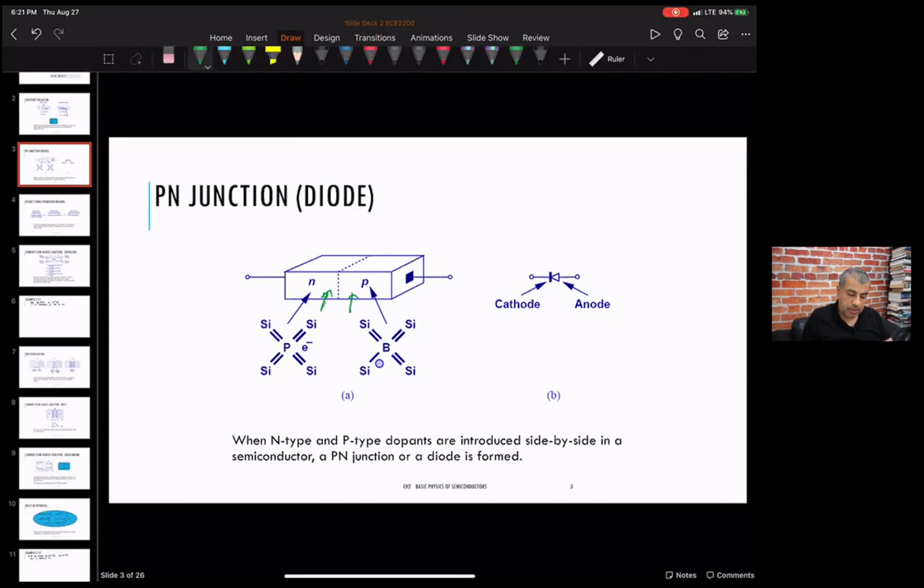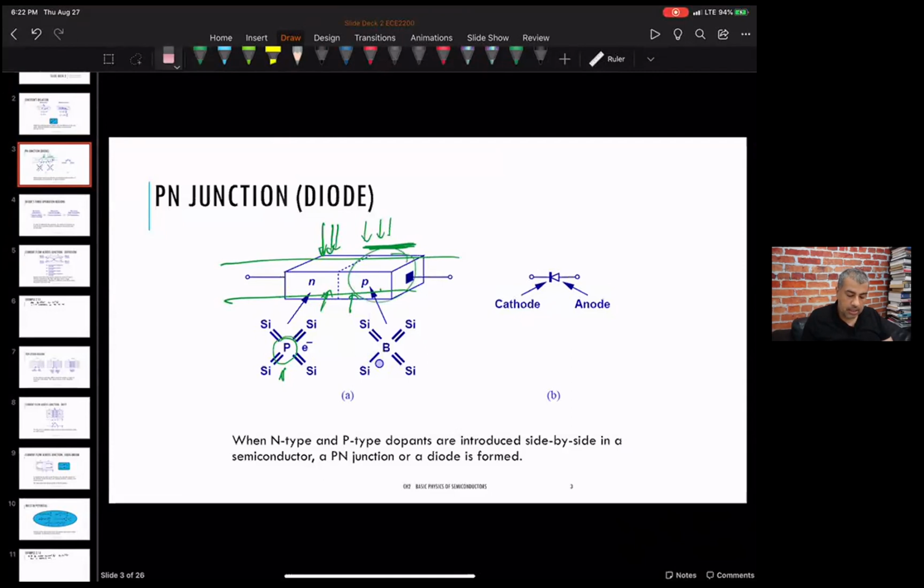So this material is N-doped, so it's got a bunch of phosphorus. And this side, the P side, has got a bunch of boron. The way you actually do this is you have one piece of silicon, and you bombard this side with phosphorus. You put a mask here, which stops the phosphorus from getting into this side.